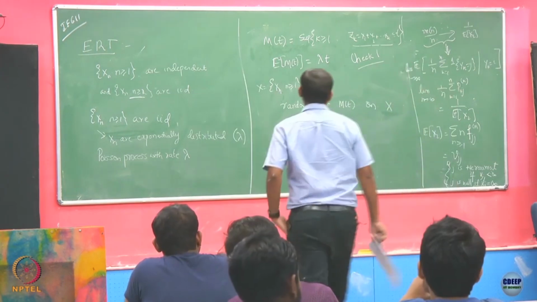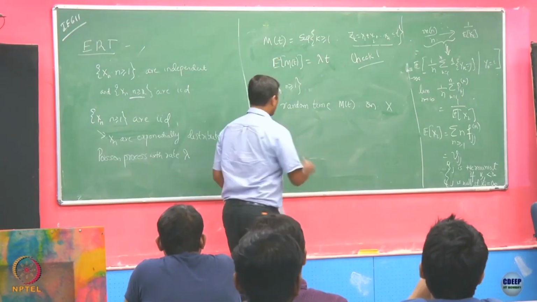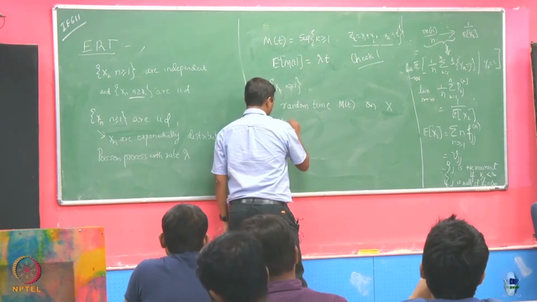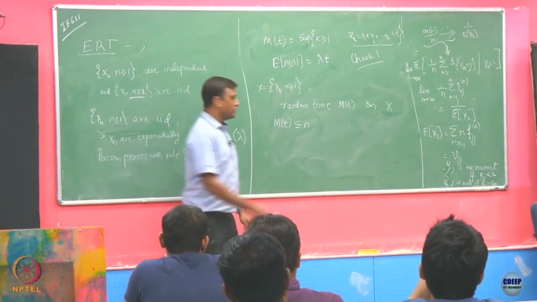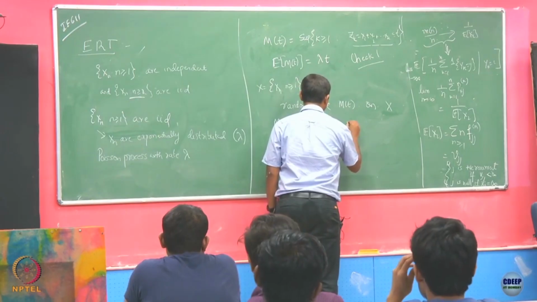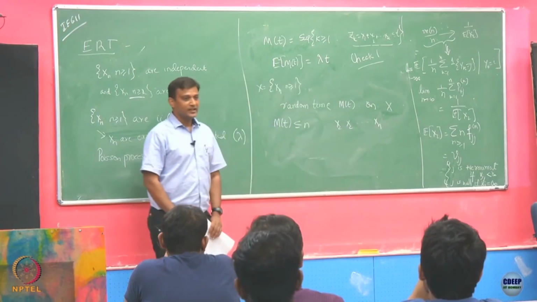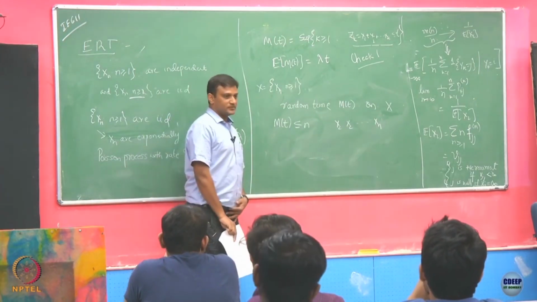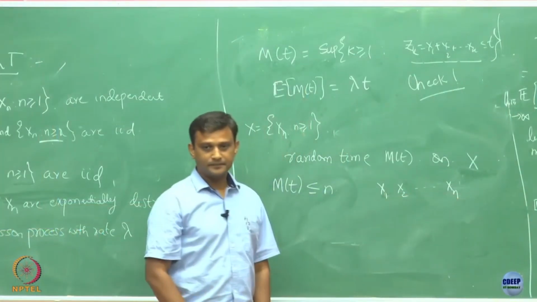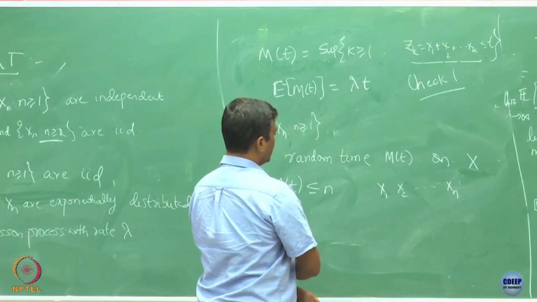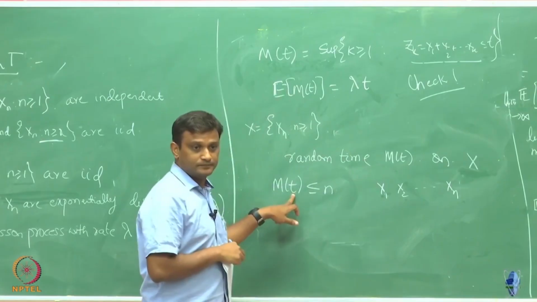So suppose, if I want to answer the question whether m of t is less than or equal to n, is it enough to know X1, X2, up to Xn? Is this true? Suppose you have been given X1, X2 all the way up to Xn, and you have also been given t.